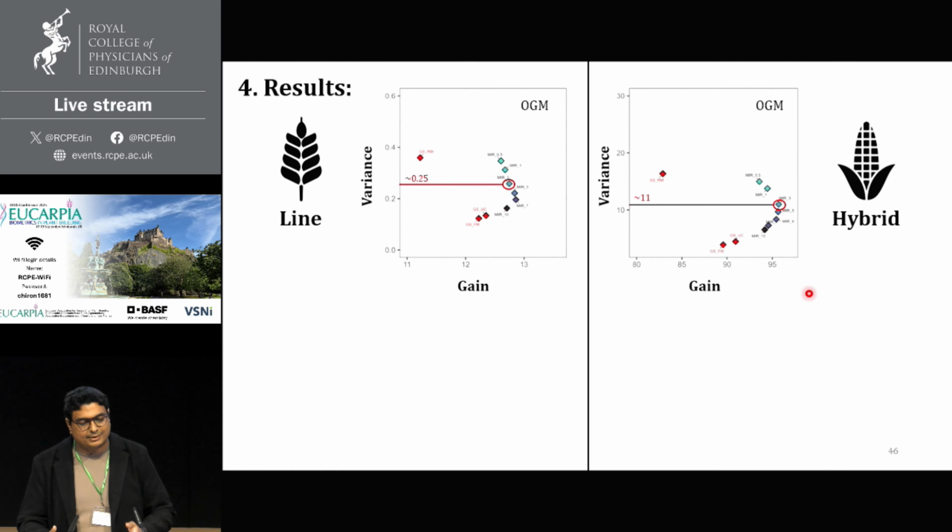Here are, if you remember, the Pareto solutions for both programs, where we used only optimal genomic mating, and 3% was the optimal solution, ending at 0.25 and 11 units of variance.